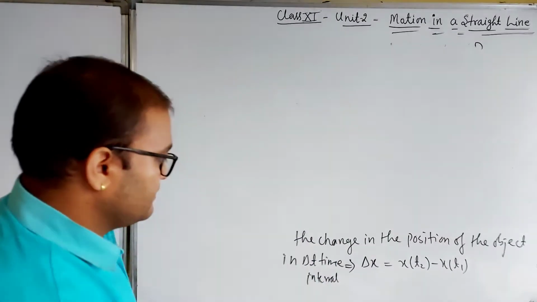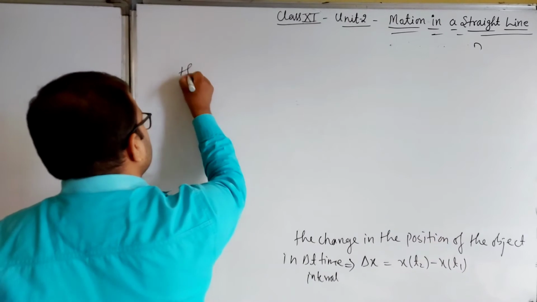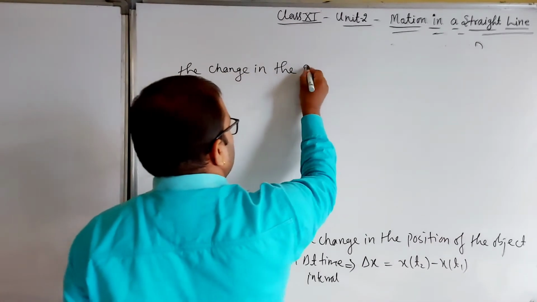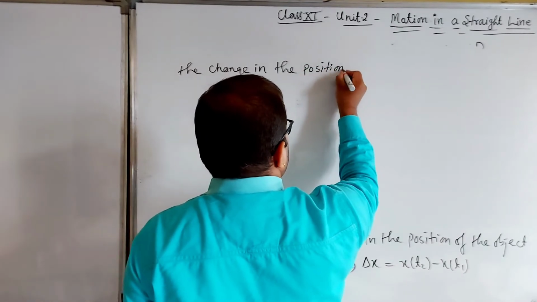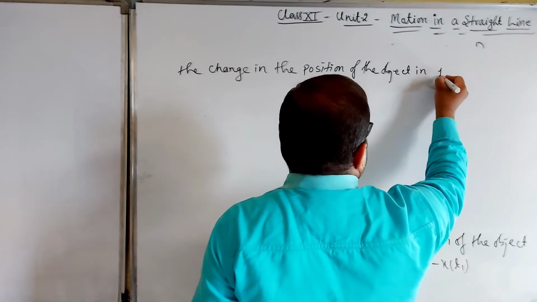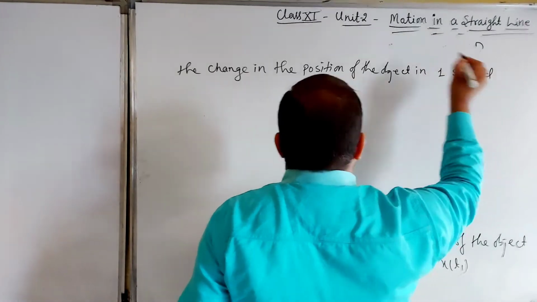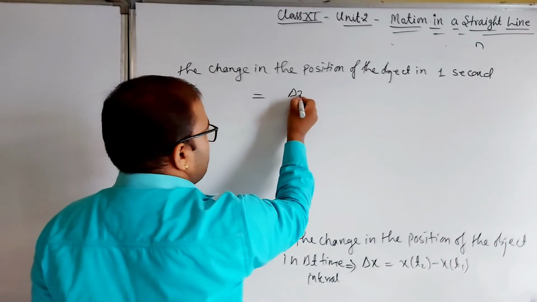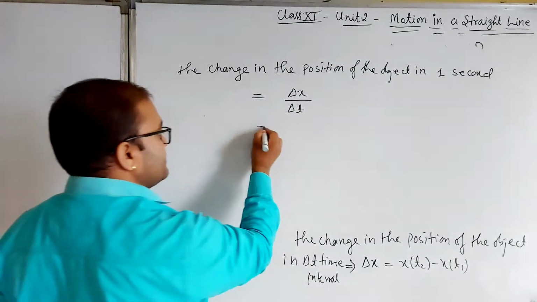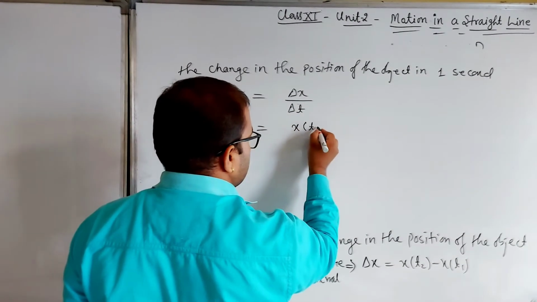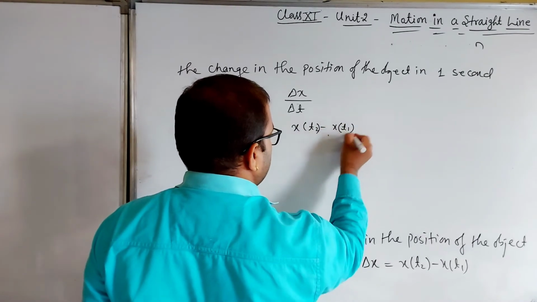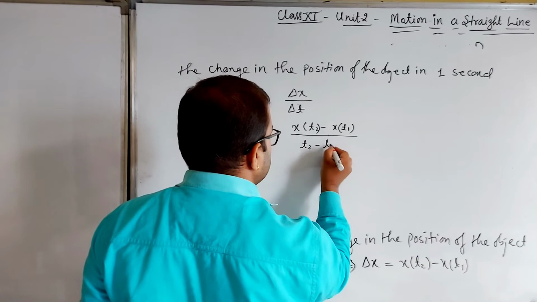Now this is the change in delta t time, the change in the position of the object in 1 second. Then this will become delta x upon delta t. Okay, and delta x means we can write x(t2) minus x(t1) upon t2 minus t1.